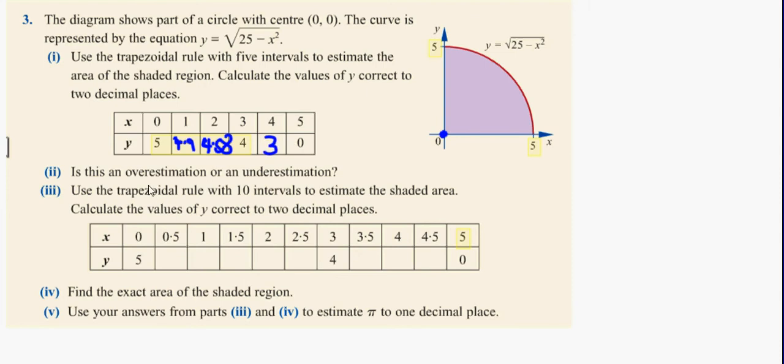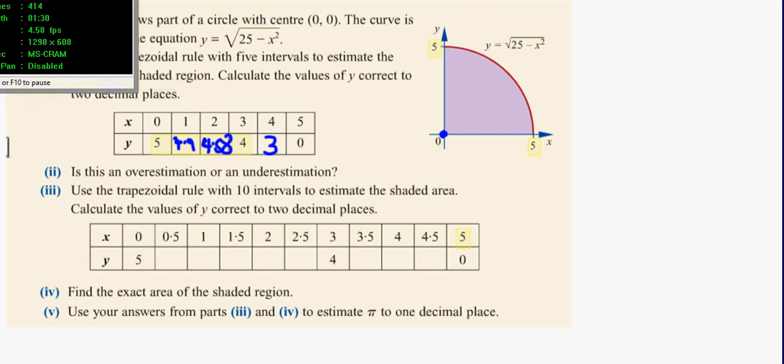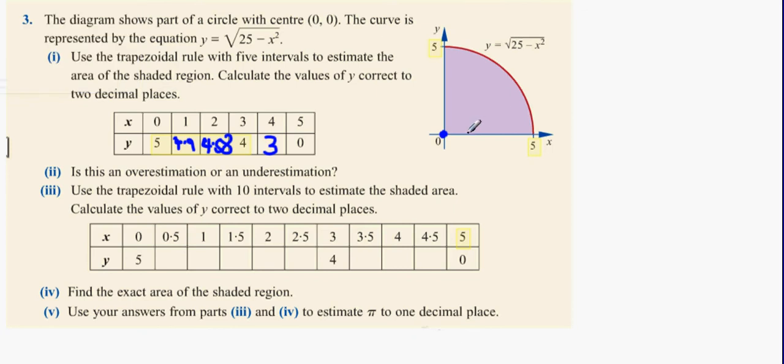Now, is this an overestimation or an underestimation? It's considered to be an underestimation. I'll tell you why. If we divide this up into equal parts like so, and draw lines going upwards, the trapezoidal rule is basically calculating the parts in here.